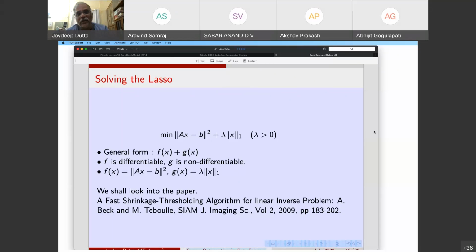This is a very important paper, and I advise any students, especially in electrical engineering, mechanical, aerospace, whoever is applying optimization and needs this kind of handling of large data, or people in image processing, to read this paper at least once in their lives fully, end to end. It is one of the highest cited papers in this area, right? So next slide, Akshay.